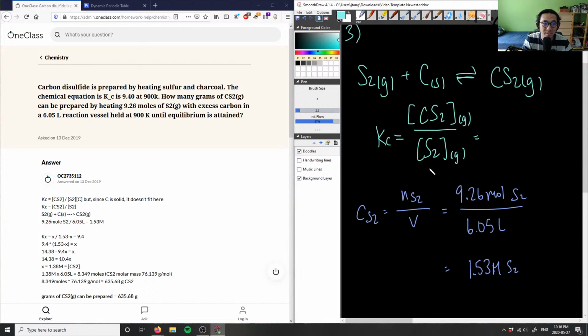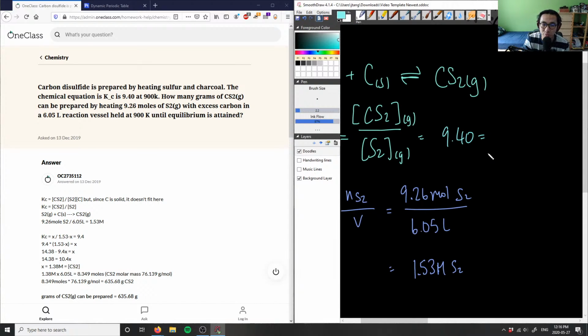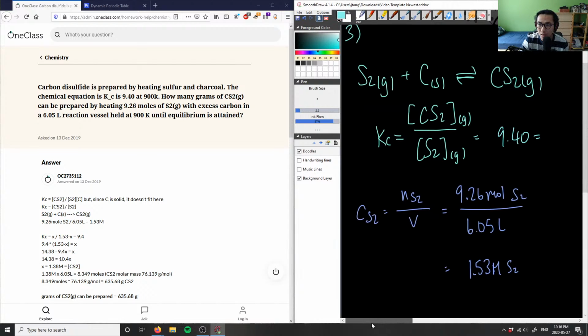So we know that our Kc is 9.40, which will also equal the concentration of CS2, which we don't know. We're going to have to perform an ICE table, so let me redraw this. This is our equilibrium expression.